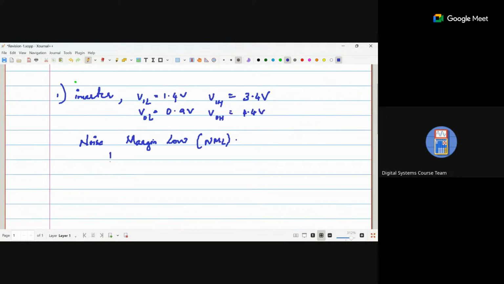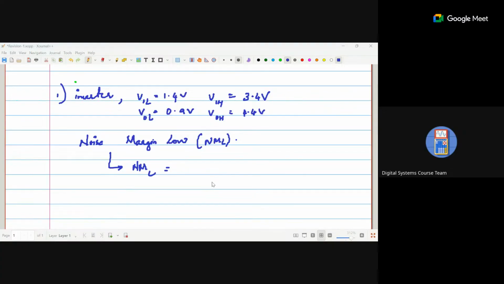What is the formula to find noise margin low? You all solved this in week one, right?